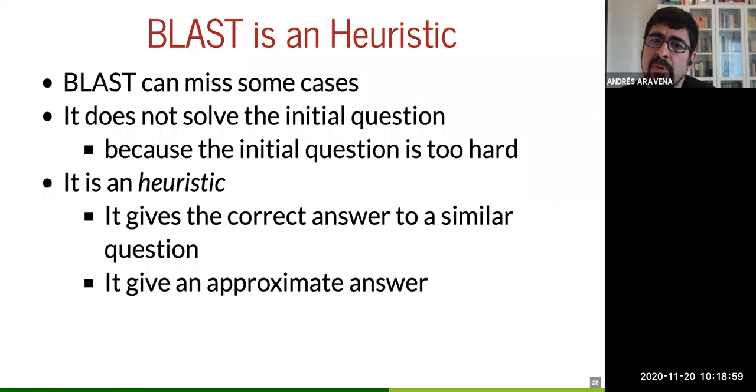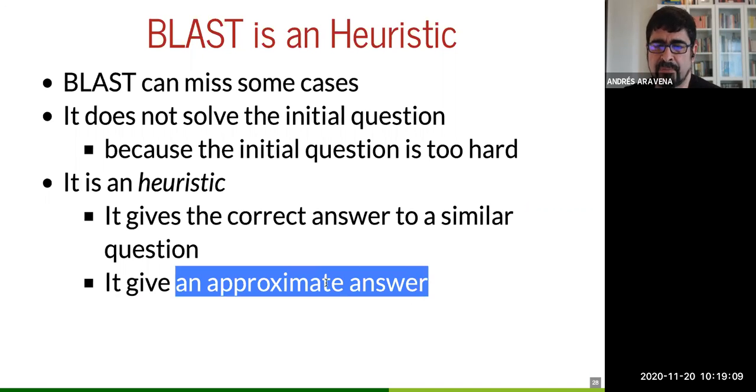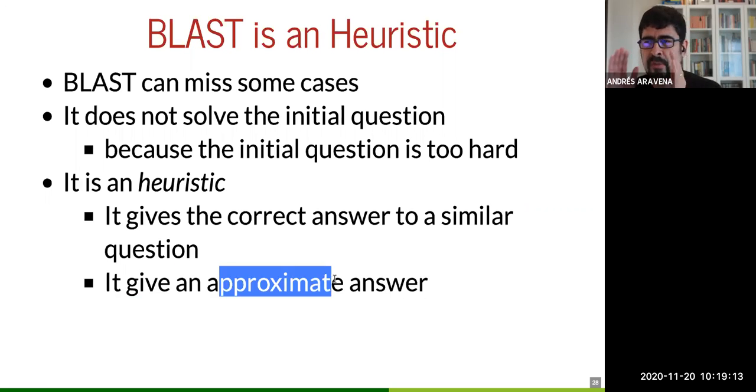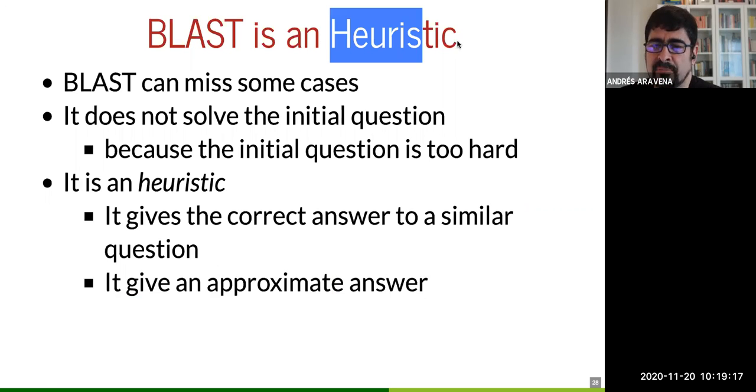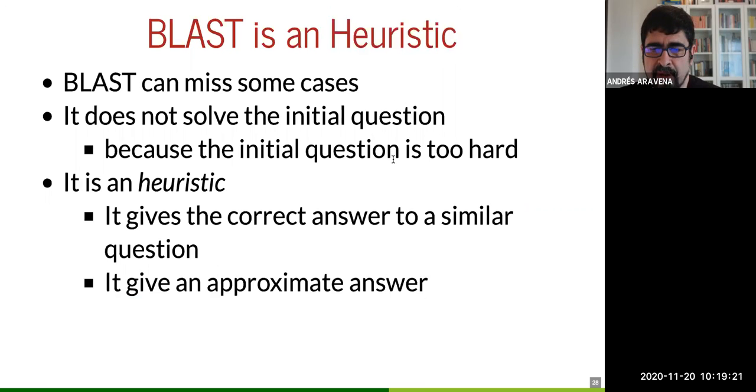The basic point is that you want the simple question to be not very different from the original one. Essentially you will get an approximate answer, and you want the approximation to be good. That is what we call a heuristic. And it's a keyword that you can Google. Okay.